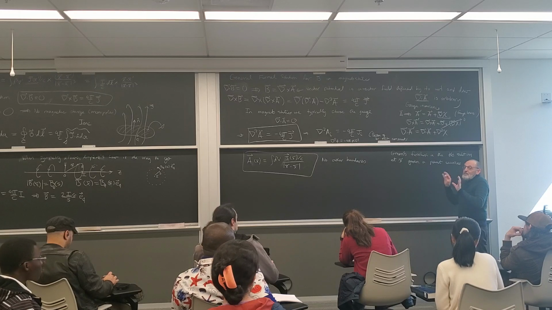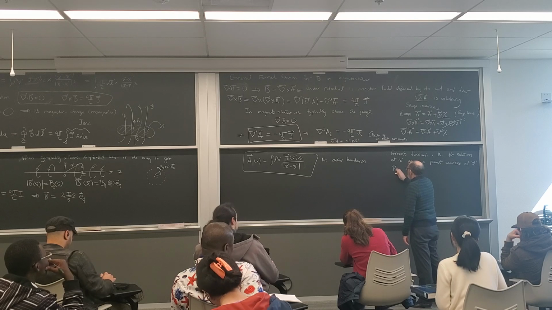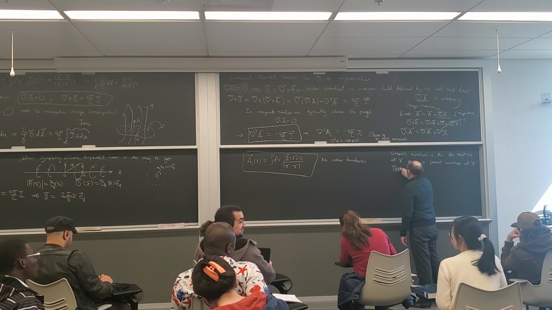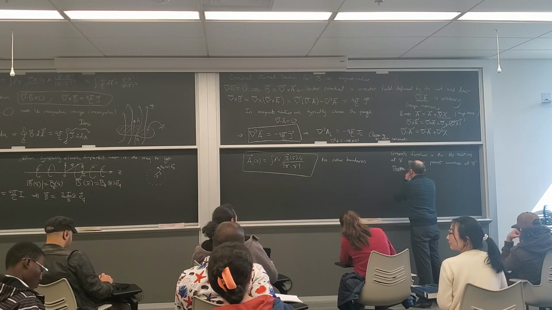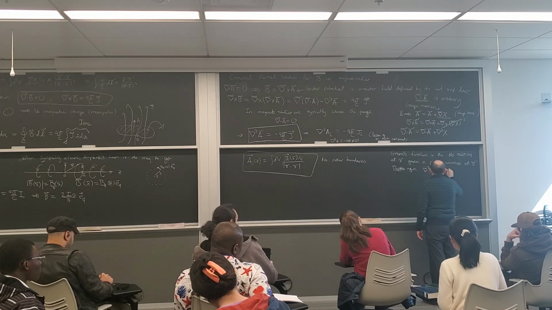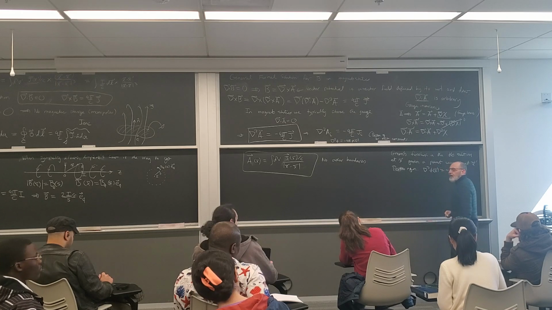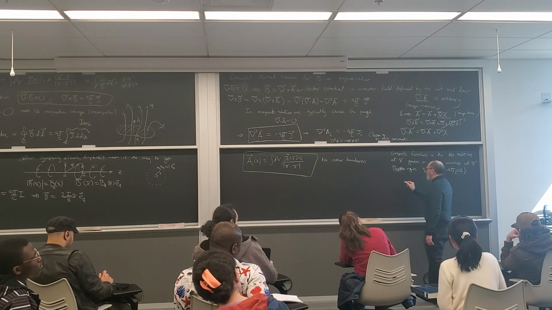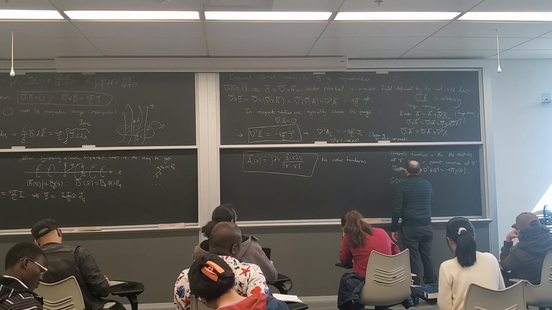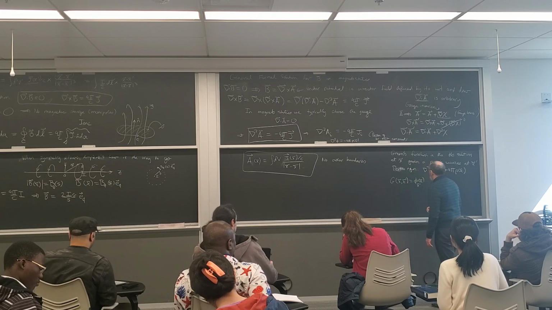Now, what is the Green's function in particular for the Poisson equation? The Green's function is the potential at x given a point charge at x prime.